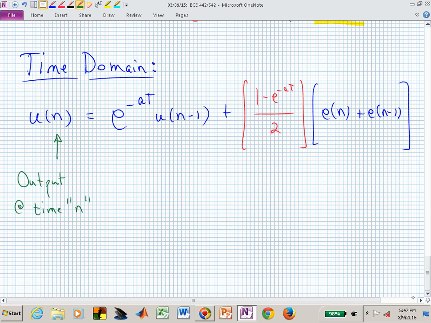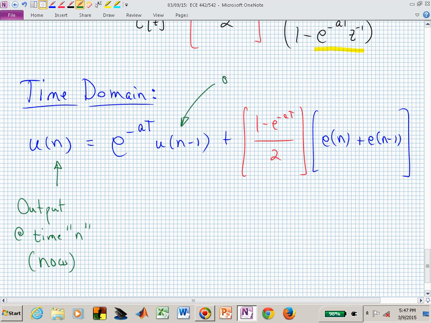This is the output at time little n, or you could think of that as now. This particular term on the right-hand side, the first term, is the output at time n minus 1, which is one time step before now.